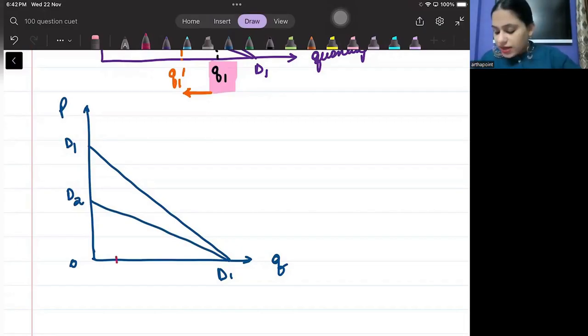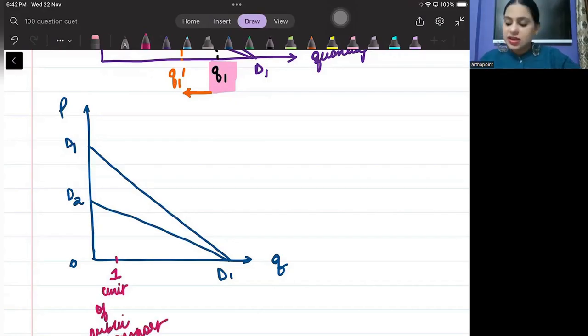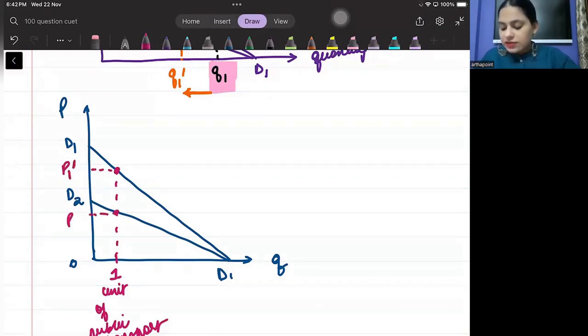Suppose I tell you that I am talking about the first unit of public transport. How much were people willing to pay for that first unit? They were willing to pay this much for this first unit, P1 dash. Now how much do they want to pay for the same first unit? They are willing to pay P1 double dash.